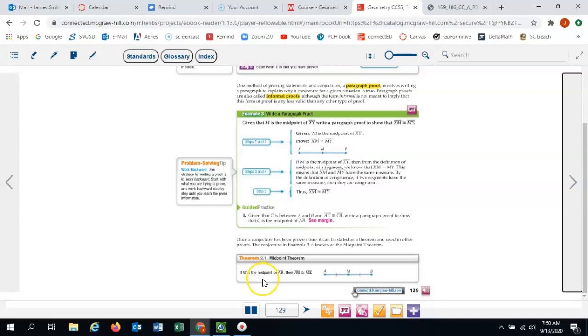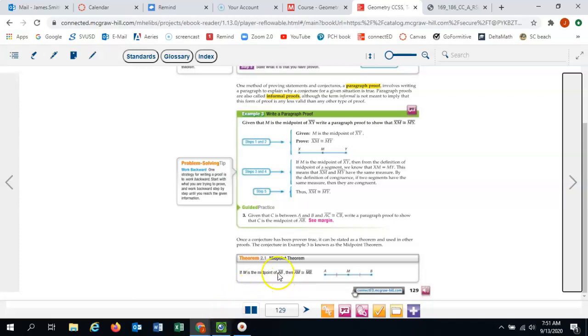So here's the way this is going to work: the if is the conditional idea that they give you, the then is the conclusion that you draw based on this given information. So they would give you this, you will come up with this as your conclusion, right? So that's the way these things are going to play out within our proofs.